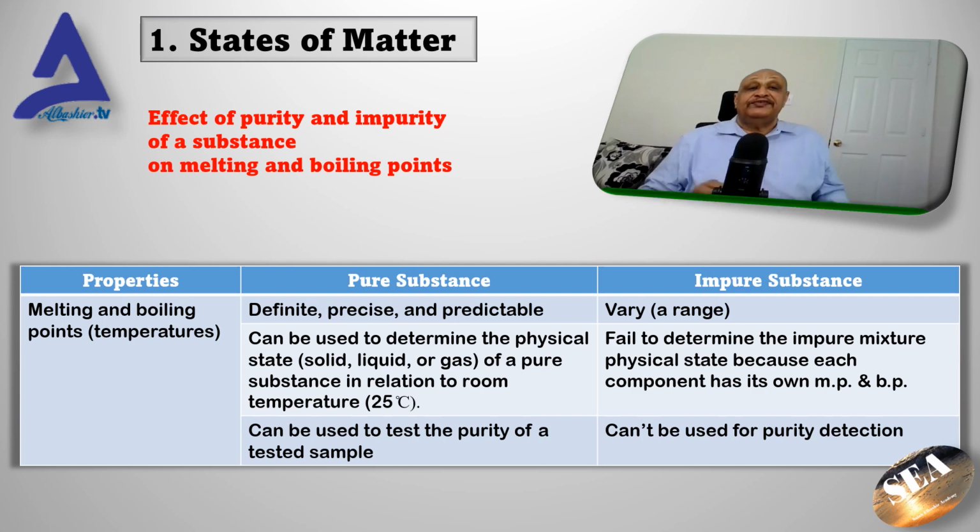So by using melting and boiling, I know the purity of the substance, and I know also the state, whether it is solid, liquid, or gas. So melting and boiling points are very important.